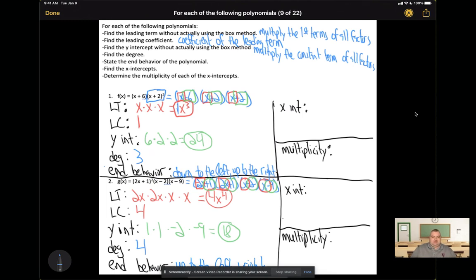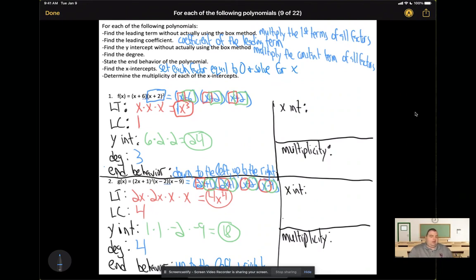X-intercepts, remember to find the x-intercepts, I have to set each factor equal to 0 and solve for x.